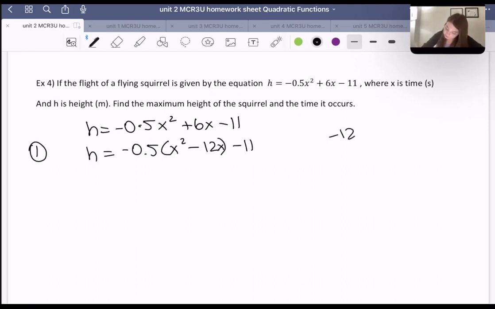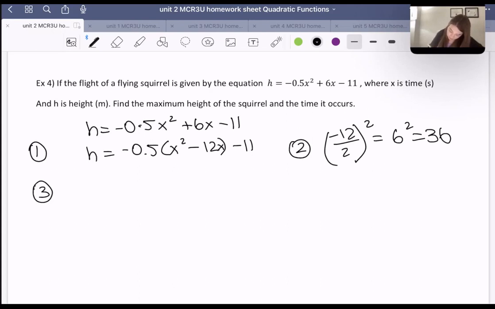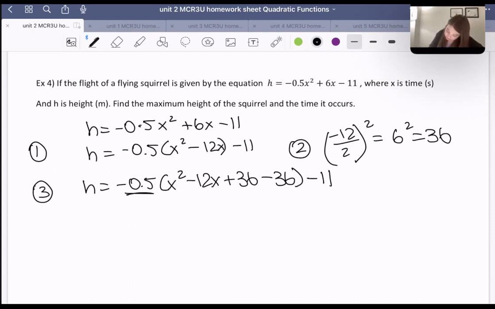Then I will do 12 over 2 squared, our b over 2 squared value, and get 6 squared, which is 36. So this is step 2. Step 3 is to go back here and add and subtract that inside our brackets: x squared minus 12x plus 36 minus 36 minus 11. And remembering that this minus 36 needs to be multiplied by the negative 0.5 for it to leave the brackets.